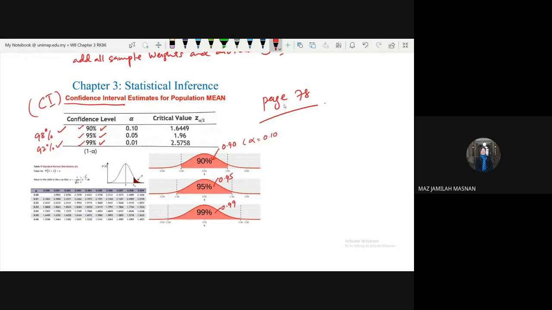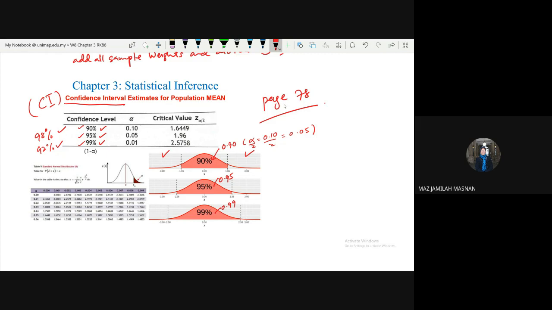Since we are dealing with an interval, there will be a left and right interval. That's why our alpha will be divided by 2, and this becomes 0.05. When you have 0.05, please look at your second table, the upper tail probability distribution.